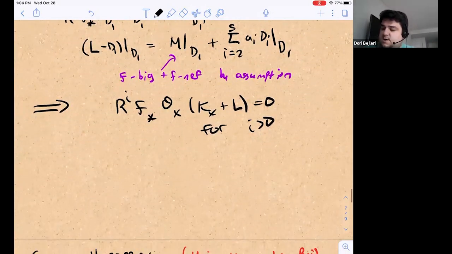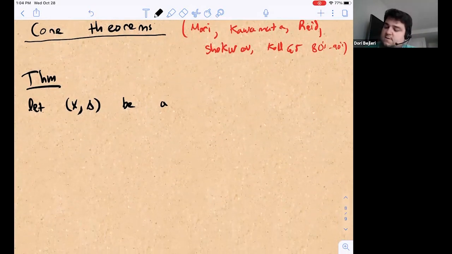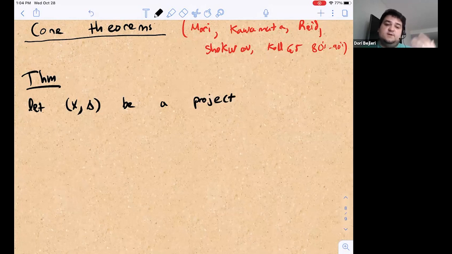But we're just going to work in the projective case for simplicity. So let X, Delta be projective, and also some of the theorems just don't work in the, like the cone theorem. You have to assume projective because even the cone of curves being well behaved and Kleiman's criteria and all these things require projective. But some of these vanishing theorems hold slightly more generally.